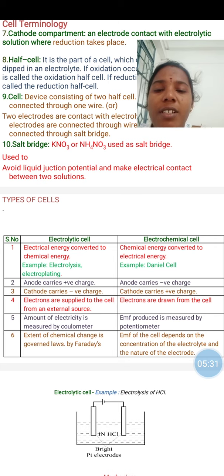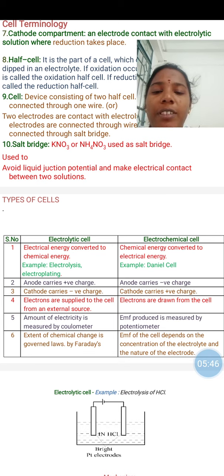Fourth, in an electrolytic cell electrons are supplied to the cell from an external source. In an electrochemical cell electrons are drawn from the cell. Fifth, in an electrolytic cell the amount of electricity is measured by a coulometer.